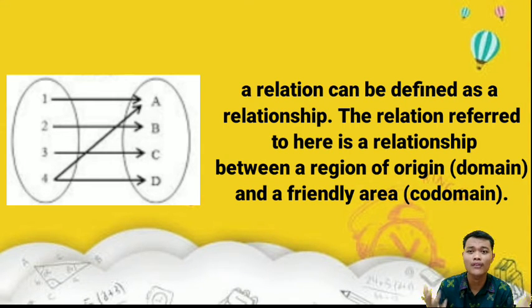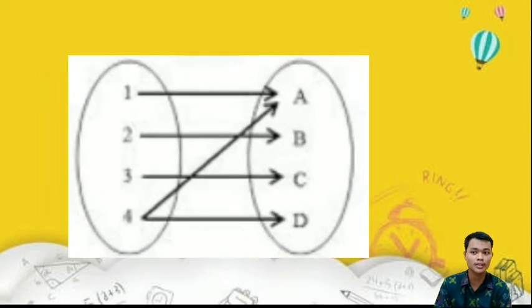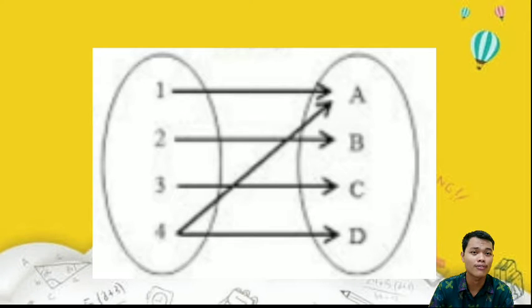The relation refers to a relation between the region of origin, or domain, and the friend area, the codomain. You can look at the picture. The left oval has members 1, 2, 3, 4. We call that the domain. And the right oval has members A, B, C, D. We call that the codomain.